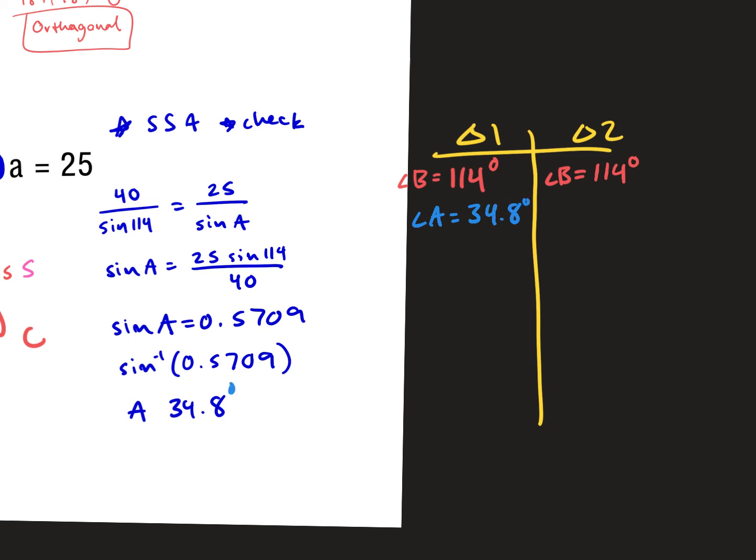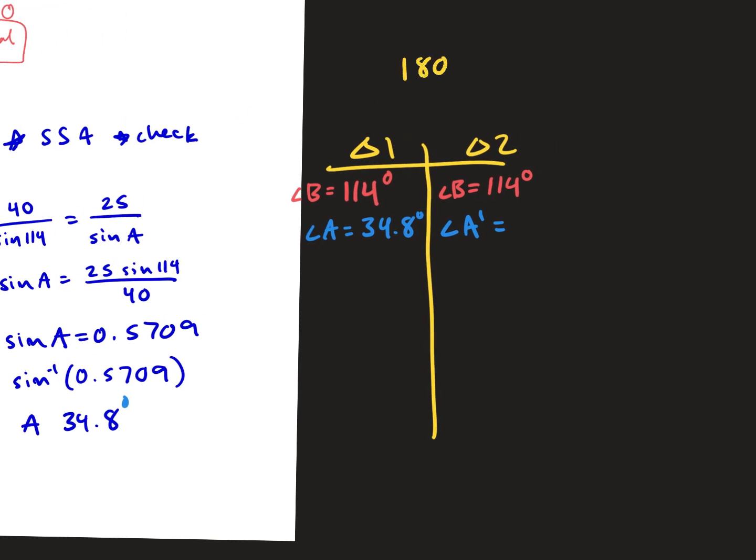So how do I find my new angle A? So I do 180 minus 34.8. I do still have to find C in the rest of them, but.